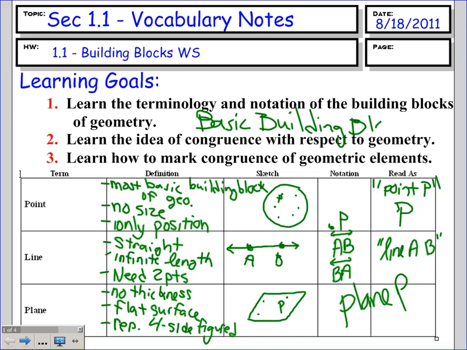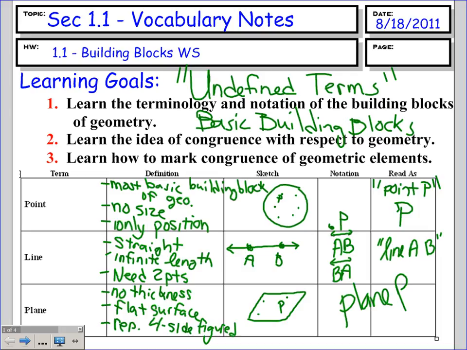This is what's going to be referenced on your test. These are going to be called the undefined terms. I want you to write that really big too. This is a strange concept because we just wrote the definitions of these things, right?